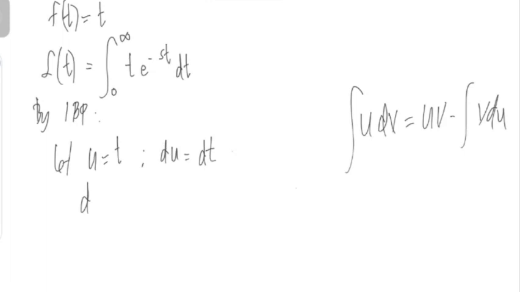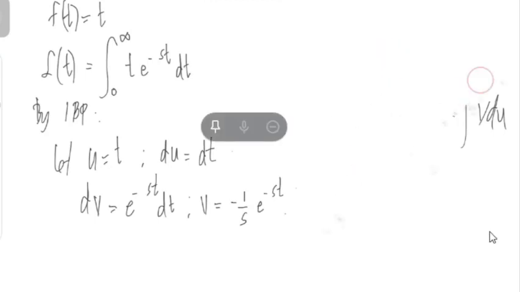Kung kinuha mo yung t as u, then dv is e to the negative st dt. Such that your v is what? Tulad ng ginawa natin kanina. Negative 1 over s e to the negative st. Thank you. Tama yan. I hope everybody can follow.